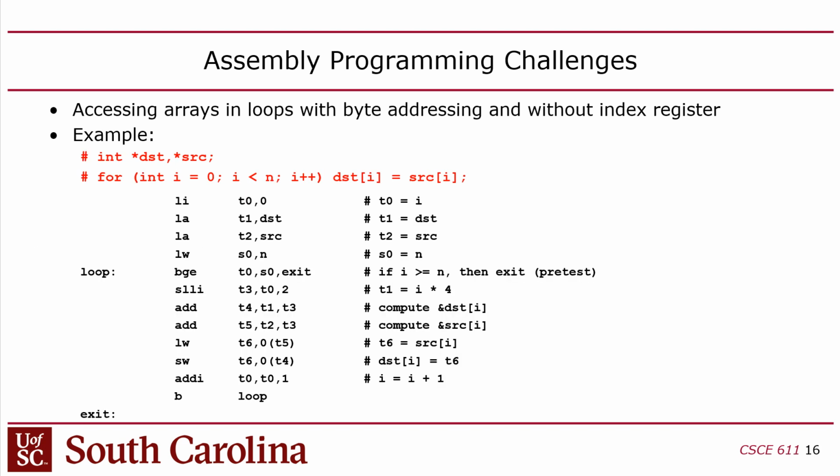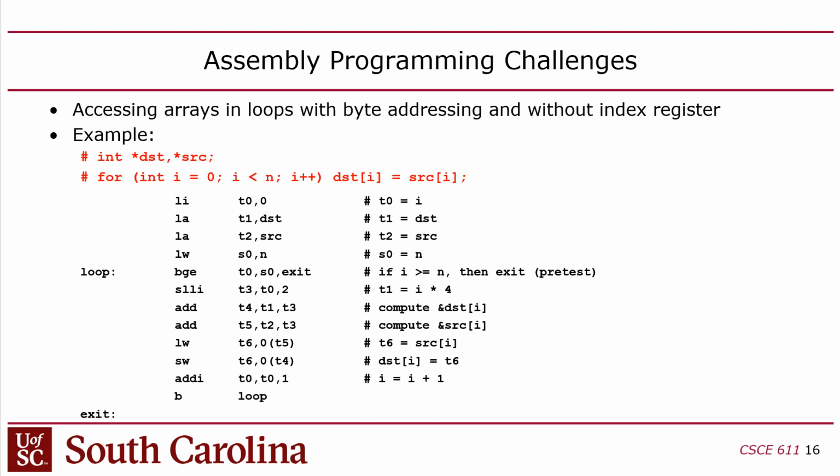To do this in RISC-V assembly, you need to initialize registers to hold I, which is the loop counter, but also the index into the arrays, as well as the pointers to the arrays themselves. Now, there's different ways to do this.